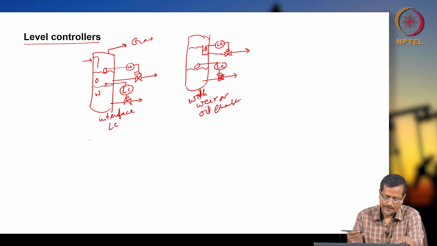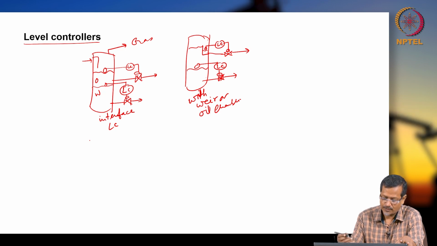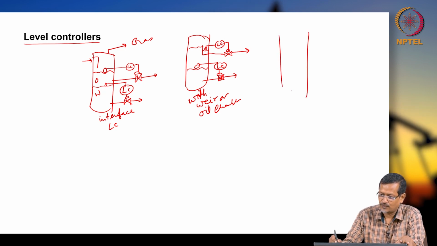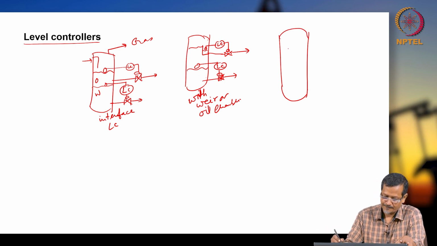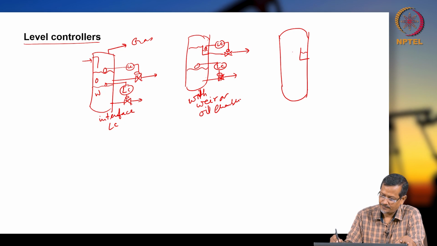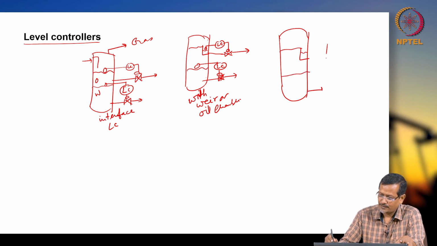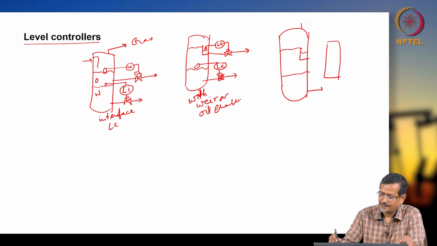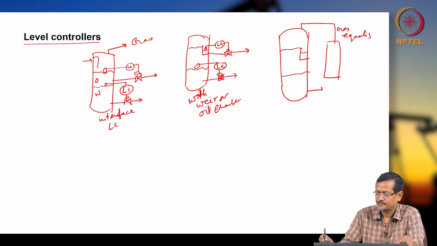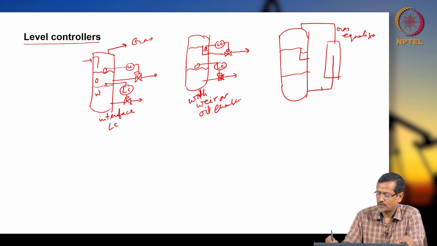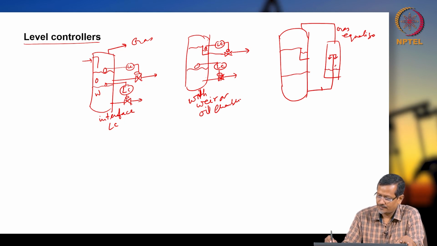Another is the water leg with or without oil chamber. So, how does this water leg work? In this case you will have a separate pipe, you have oil controller, you have water, but what are you taking out? You are creating another chamber, gas will be equalizing, gas equalizer, and water will be spread here, and you have LC here.